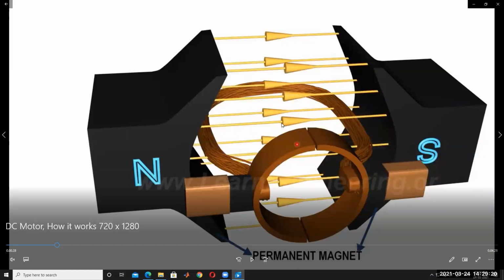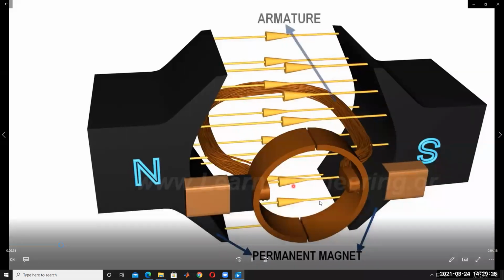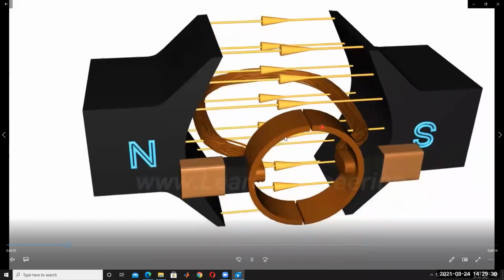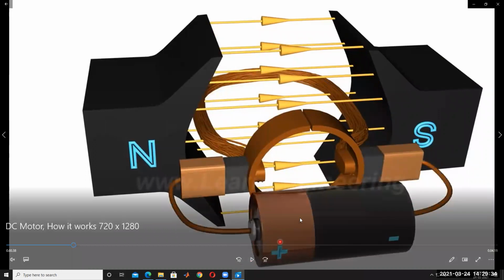In between, this armature winding is placed like this. Generally, this is called the armature. We are using an external DC supply, so plus is connected here and minus is connected here. Because of this power supply, the current carrying conductor.